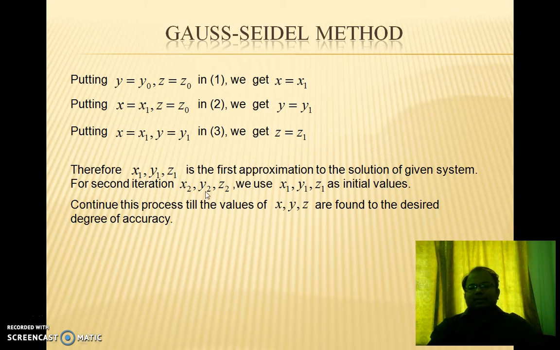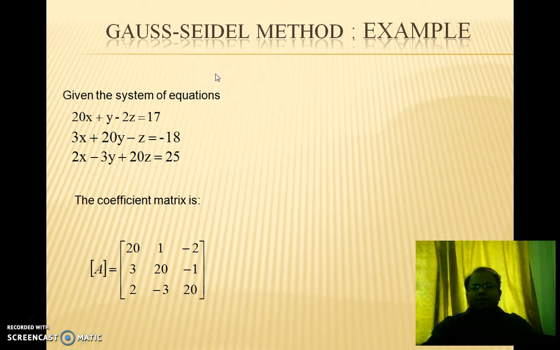We continue this process until the values of x, y and z are found to the desired degree of accuracy. That is, when the values of the corresponding variables repeat, we stop and say that the given system has a solution. For this, consider an example.